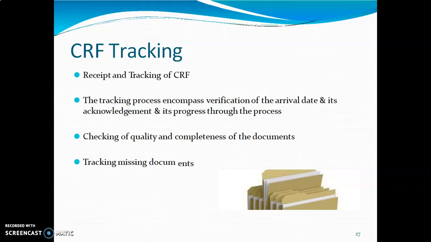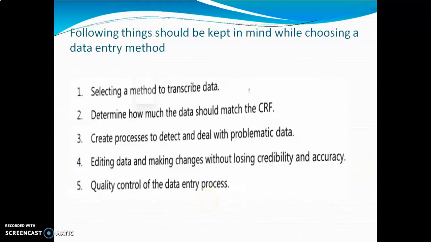Once the manual CRF comes in, they first check whether all the data are available, along with the receipt number. If some documents are missing, it is informed immediately, because the data management team handles A to Z of the information. If any data is missing, they immediately inform the team, get it arranged, and track the missing documents too.